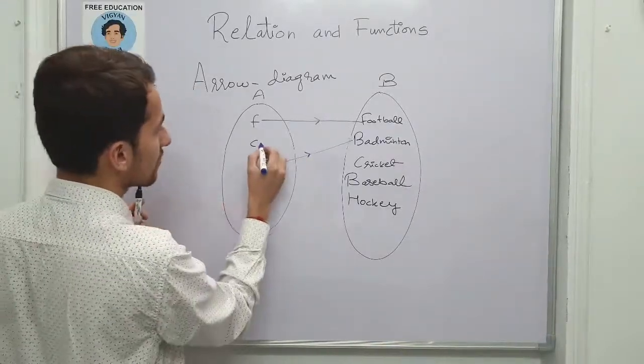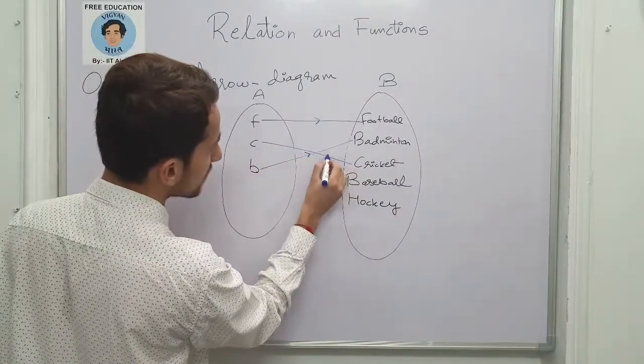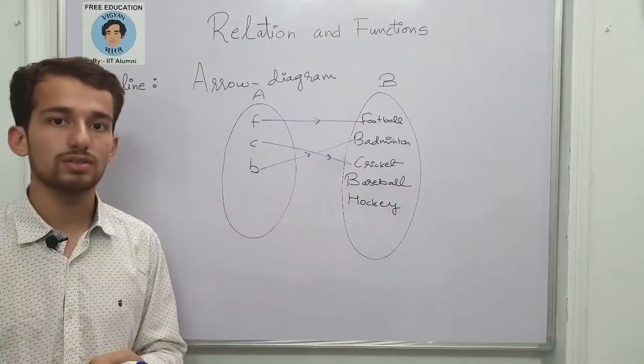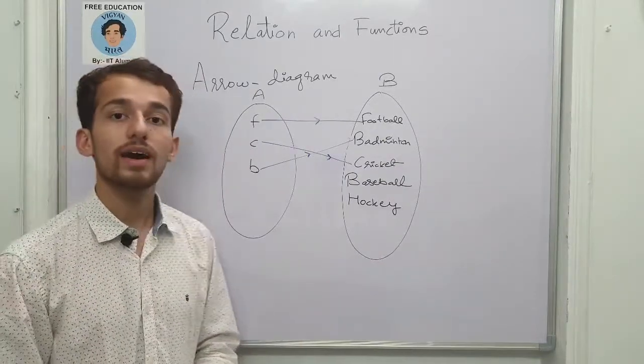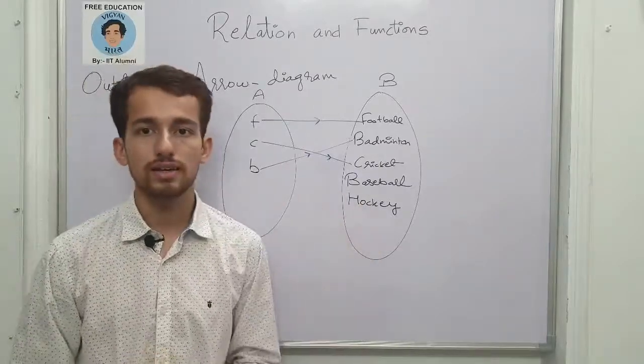Similarly, finally, if I assign my C with cricket, now the resulting diagram which I got is called an arrow diagram. It is not important right now if some elements are left over here.